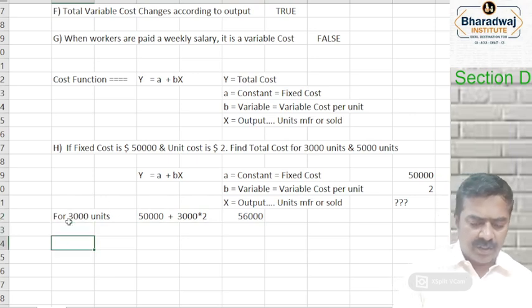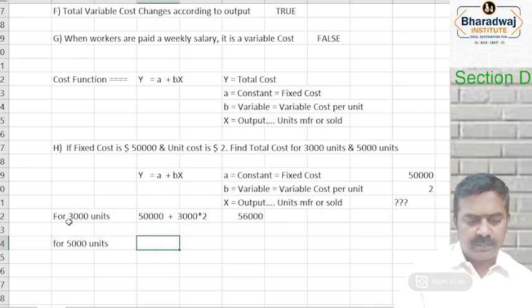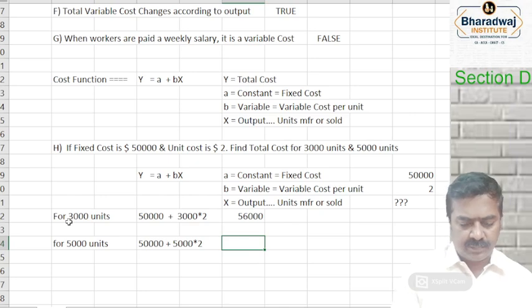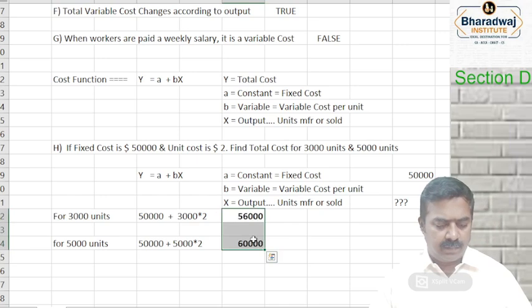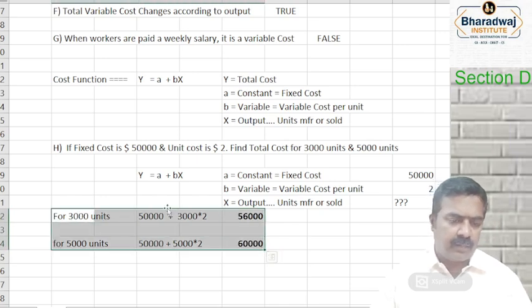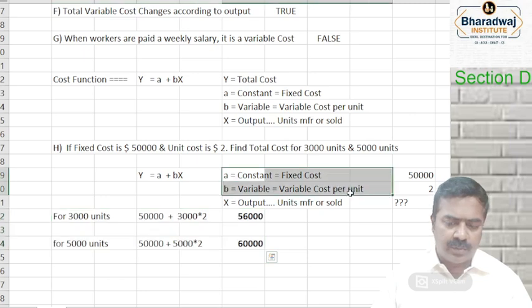For 5,000 units, 50,000 is a constant, plus 5,000 into 2. So take up this also.